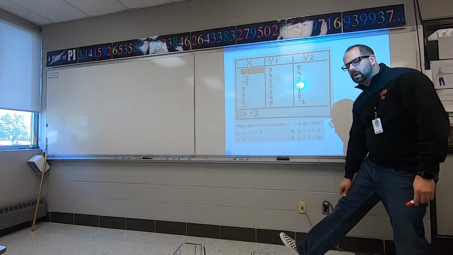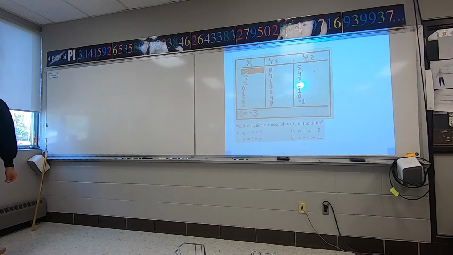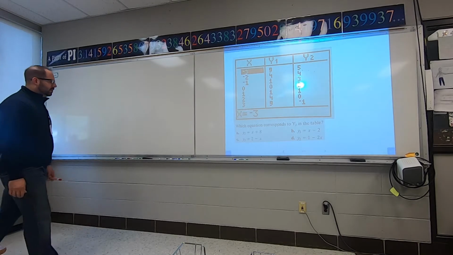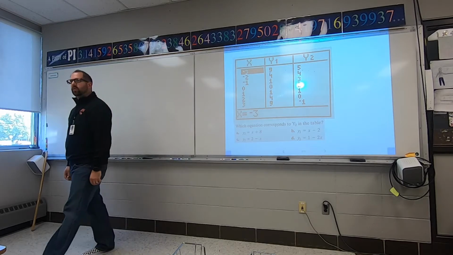Same chart. Now we're going to do it for y2. Find the equation for it. And I'll ask for volunteers on this one. Sorry, I didn't do that last time. I just wanted to walk you through my strategy for quickly figuring out these things. So now you're doing it for y2.